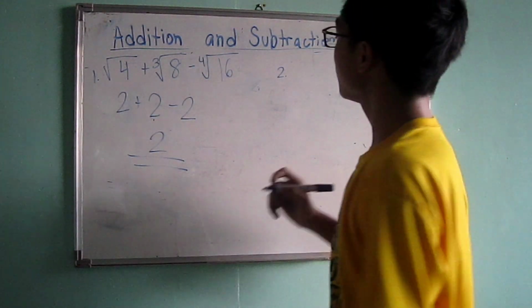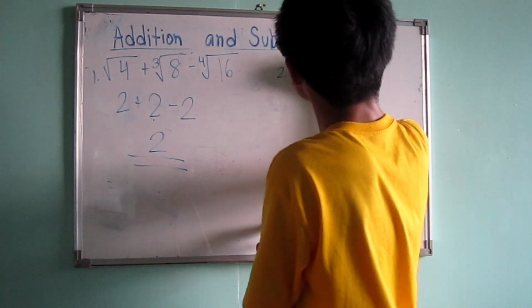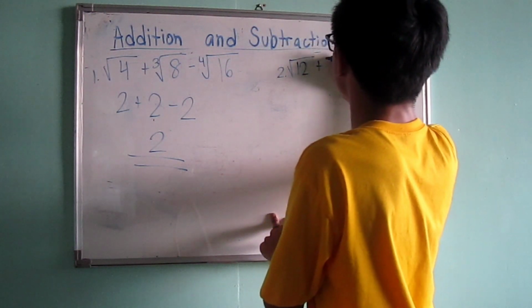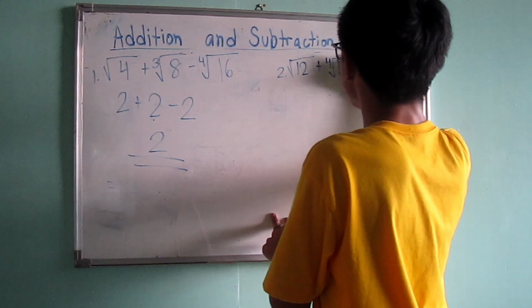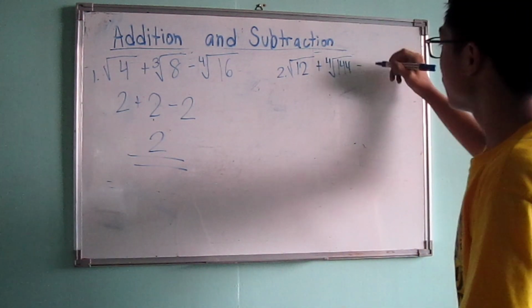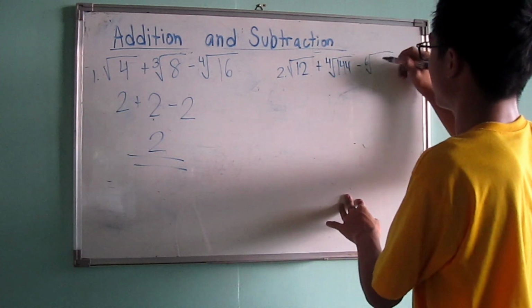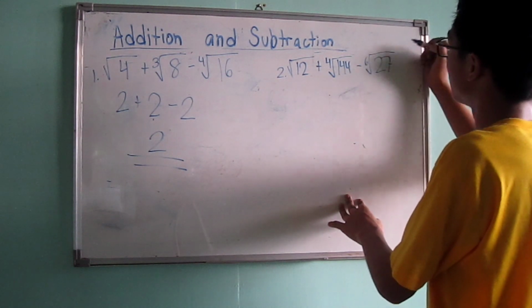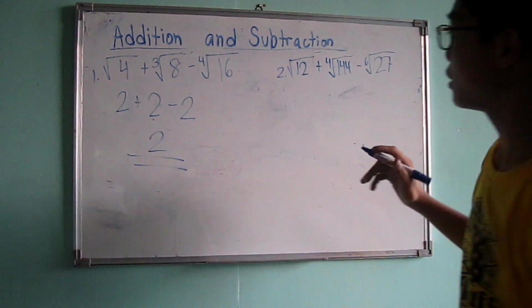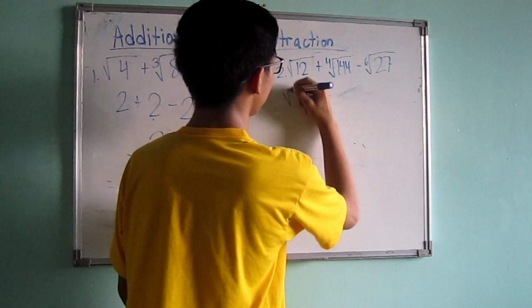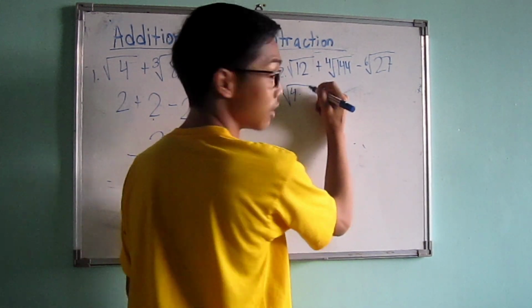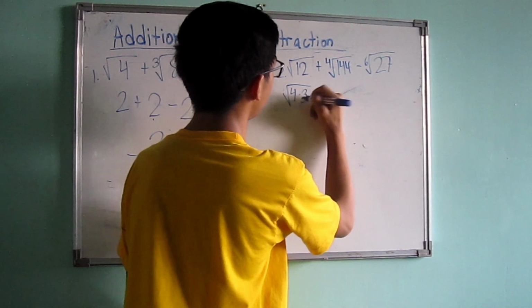What if we encountered square root of 12 plus fourth root of 144 minus 6 root of 27? Of course, the first thing you're going to do is find a factor, which is 4 times 3.